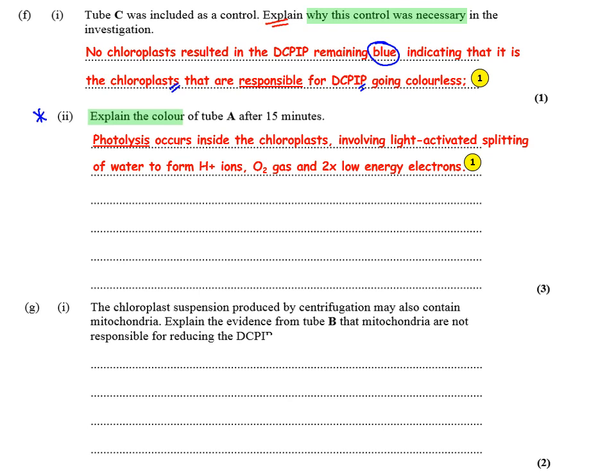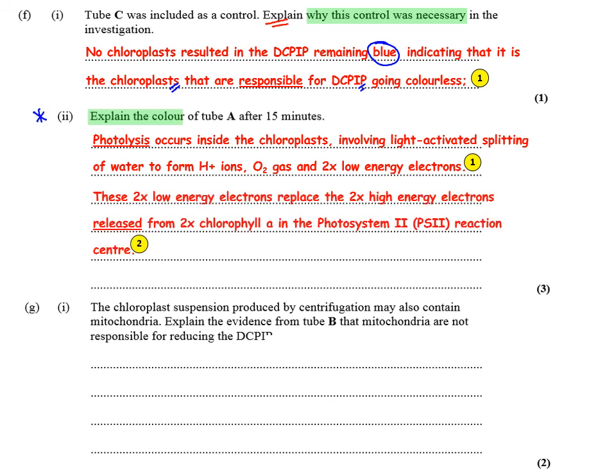Now we know in photosynthesis, when there's light available at the correct intensity, photolysis will occur inside the chloroplasts. And that's the light-activated splitting of water to form protons, oxygen gas, and 2 low-energy electrons. So electrons are provided through the photolysis.